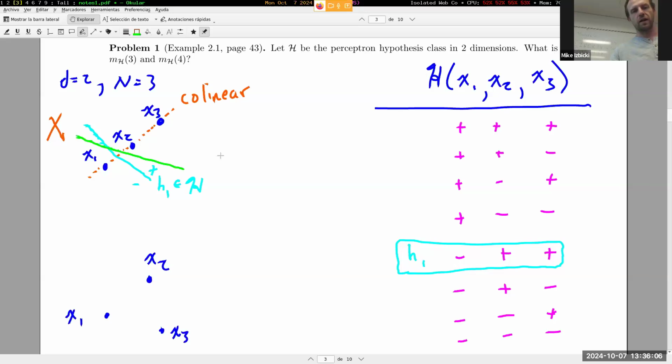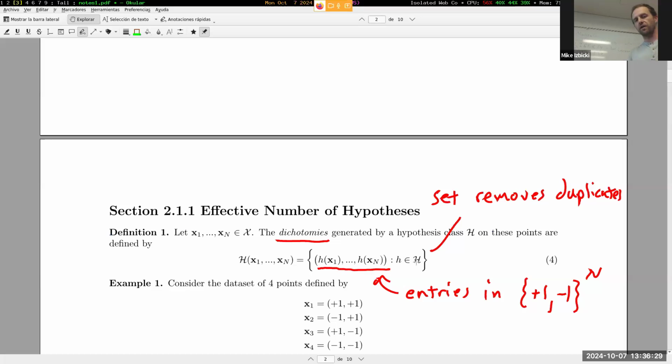This is another valid hypothesis in H, H2 contained in H, and that also corresponds to this same labeling of these 3 data points. So both H2 and H1 are contained in H, but they have the exact same output. The fact that this is inside of a set means that the duplicate output will be combined, smashed into just one output.